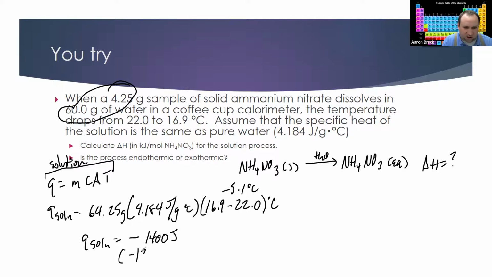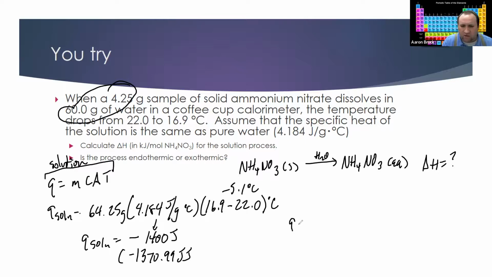Calculator gives me negative 1370.99. But again, I have to round to two significant figures, so that's my second significant figure, the 4. So that gives us a Q of solution.